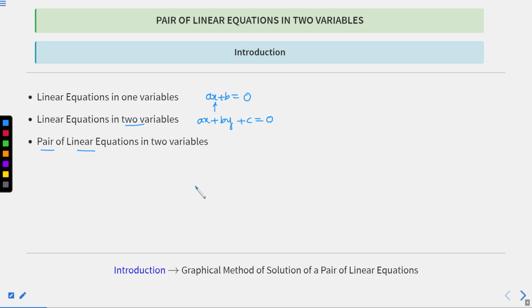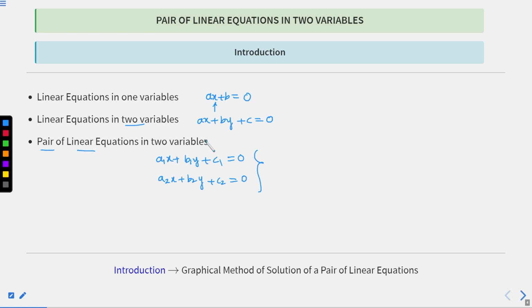In general we write a pair of linear equations in two variables as a1x plus b1y plus c1 is equal to 0, and a2x plus b2y plus c2 is equal to 0.